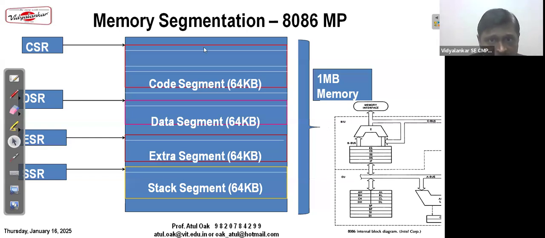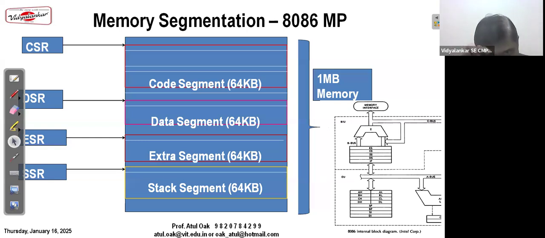That means there are 65536 locations here. Which location do you want to go to in the code segment? Because there are thousands of locations in 64 KB. That is called offset. Offset means the location inside the code segment.